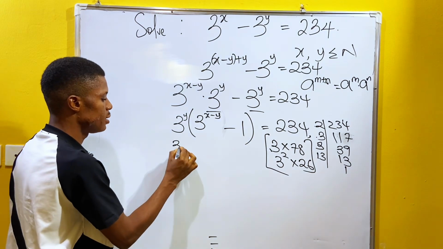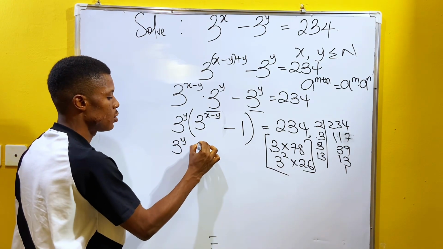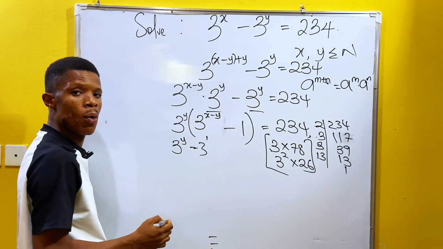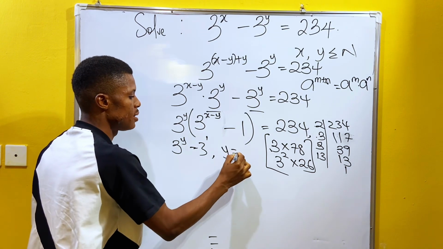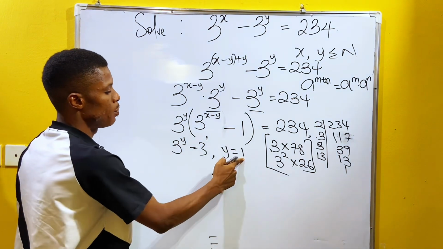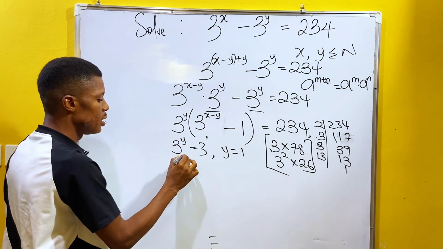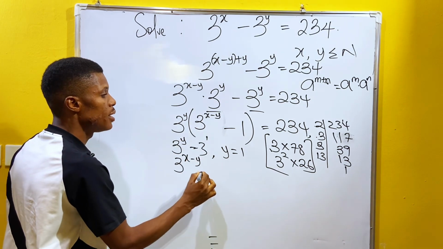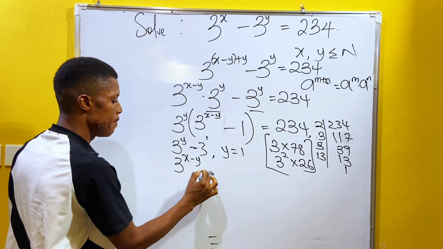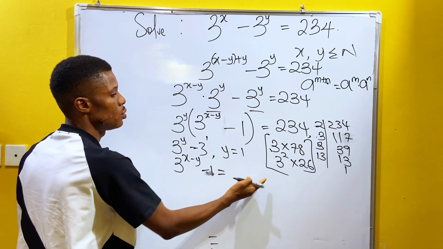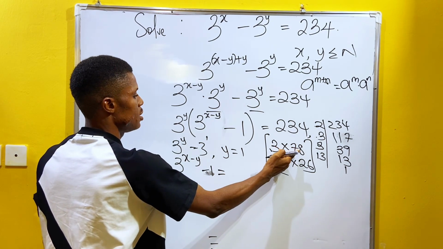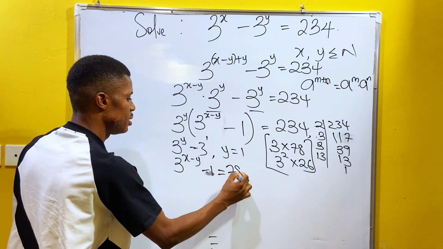So if you use the first, that means 3 to the power of y is 3, which means power 1, so y is 1. But if you go on to solve for x, you have 3 to the power of x minus y, minus 1, is equal to 78.